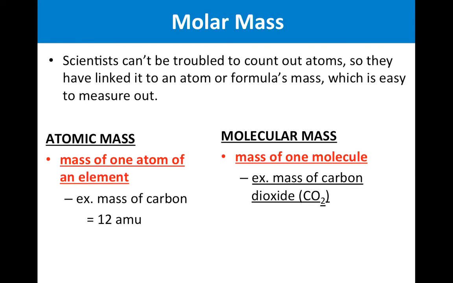Example, the mass of carbon dioxide is 12 atomic mass units plus 2 times 16 atomic mass units of oxygen. So the 12 comes from your periodic table, and you'll see the atomic mass unit for carbon is 12, and the atomic mass unit for oxygen is 16, and times that by 2 because in the molecule there are 2 oxygens for every 1 carbon. So its molecular mass is 44.